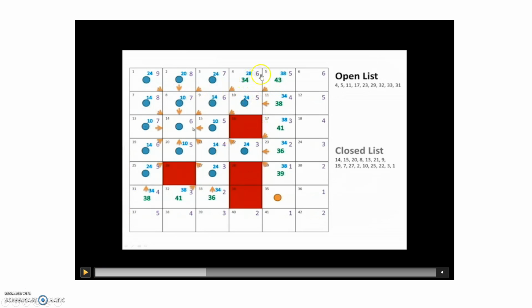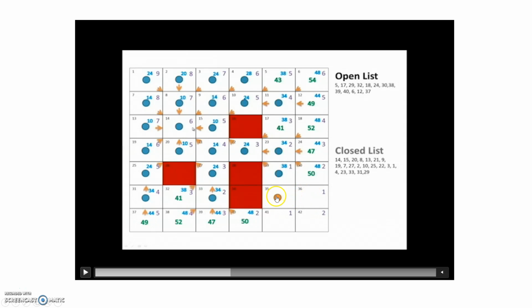Then we're at the 34, I think. Then he's probably going to check 36. What's the lowest one now? 36 here, so it checks that one. Lowest one is 39. So here.